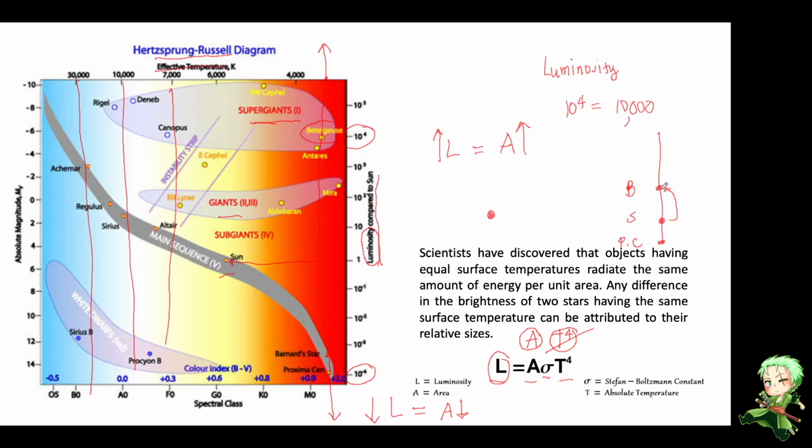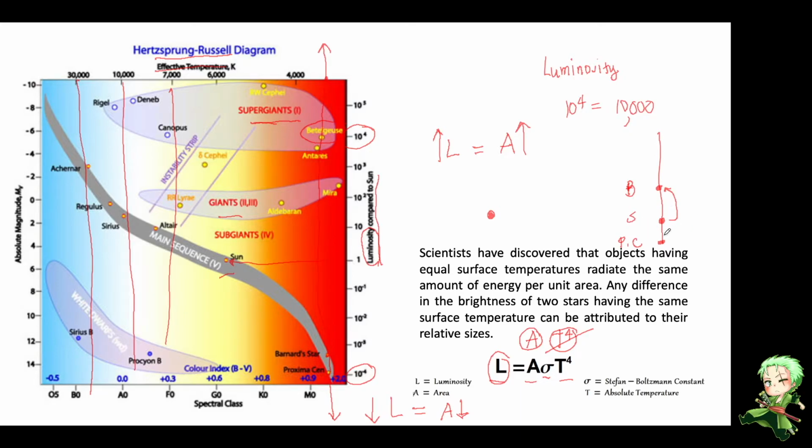Kumbaga, kung the same distance sila. But we don't notice that in reality. That is because Betelgeuse is so far away from us. Mas duol gyud sun na to. So mao na nga although it's very large, supergiant, and although it has a high luminosity, atong makita siya during nighttime nga gamay gihapon gyud siya. Okay?